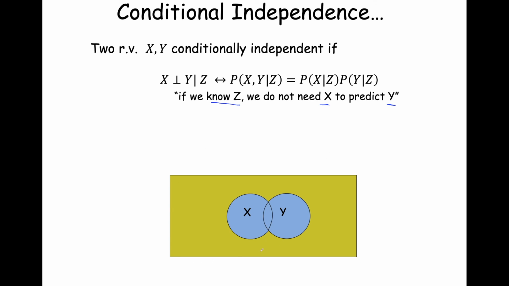Here we have our universe of consideration, our sample space omega, and we have two events, x and y, in our Venn diagram. So let's draw such a z, and if you condition on z, that means you change your universe of consideration from everything that's in the universe to this region we're calling z. And it just so happens if we condition on z, that the portions of x and y that are inside that new area z do not overlap.